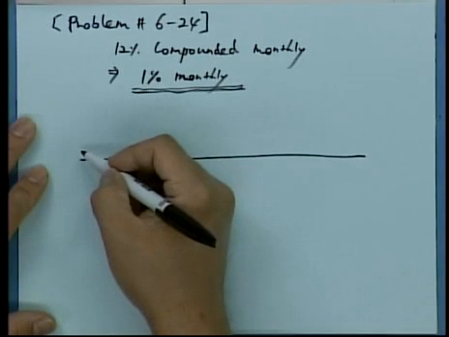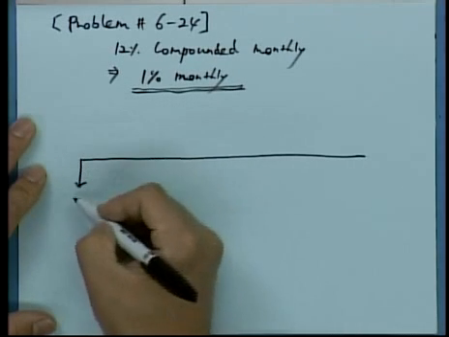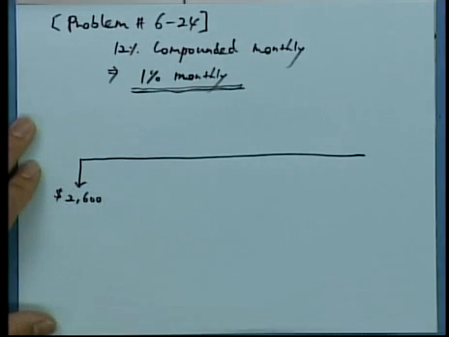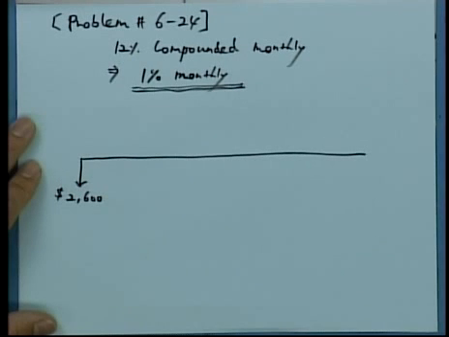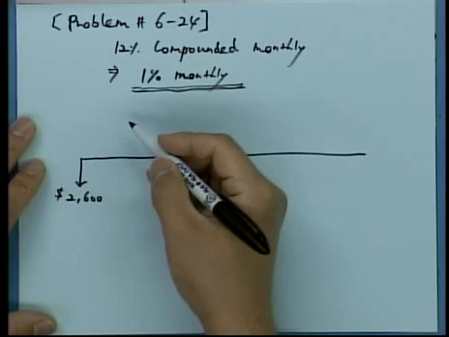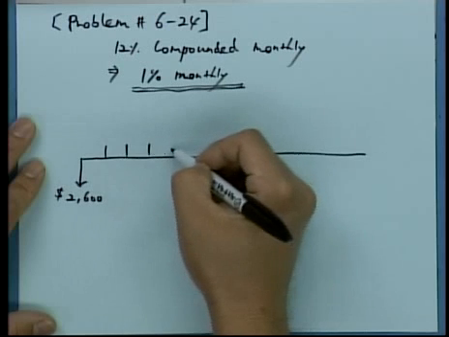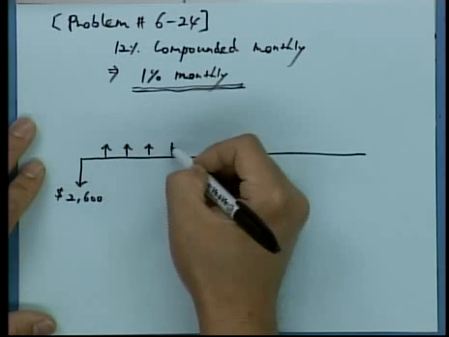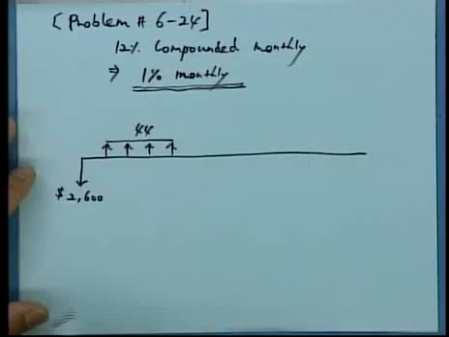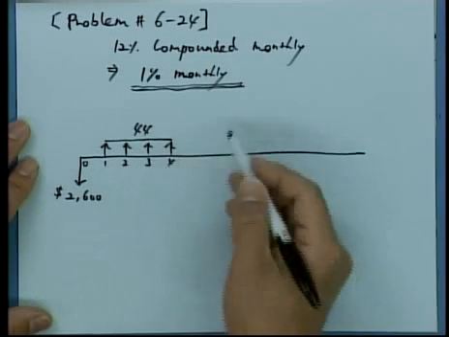So the motorcycle is for sale for $2,600. Okay. And no down payment, and pay $44 at the end of each of the first 4 months. 1, 2, 3, 4. So we have $44. 0, 1, 2, 3, 4.